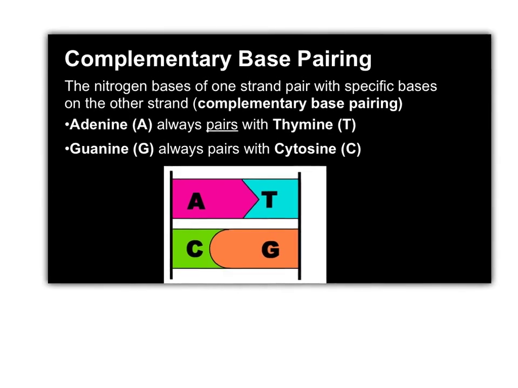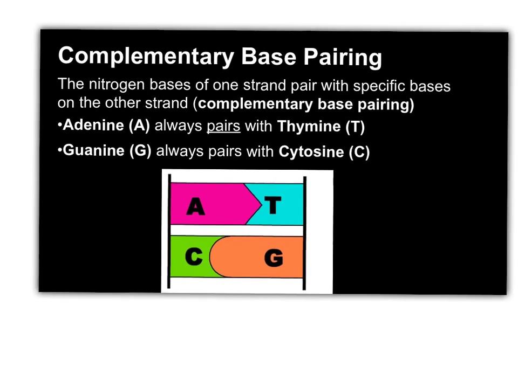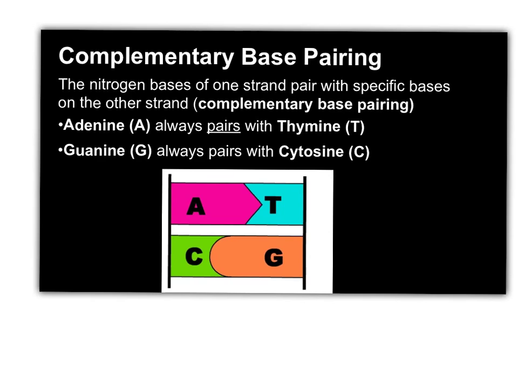Okay, complementary base pairing. You might have already noted this as we were going through the last slide. Complementary base pairing means the nitrogen bases of one strand always pair with a specific base on the other strand. So for example, you're always going to see adenine with thymine.